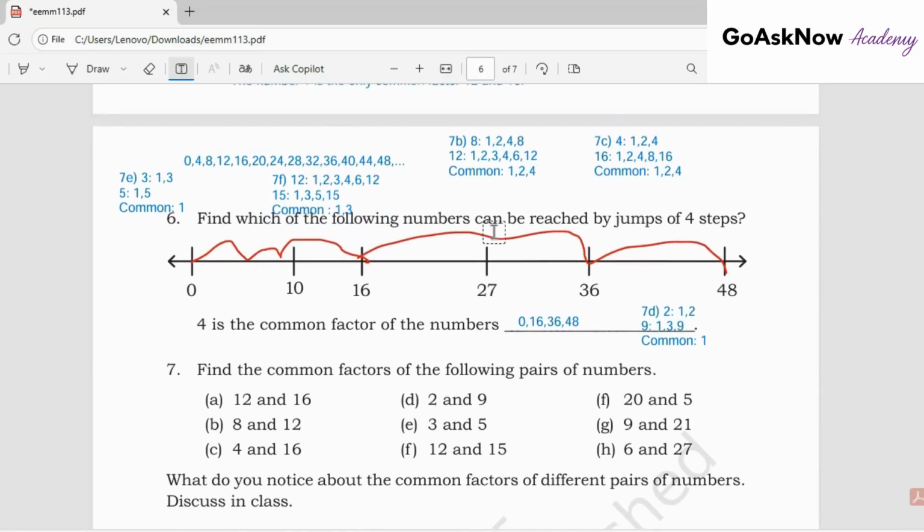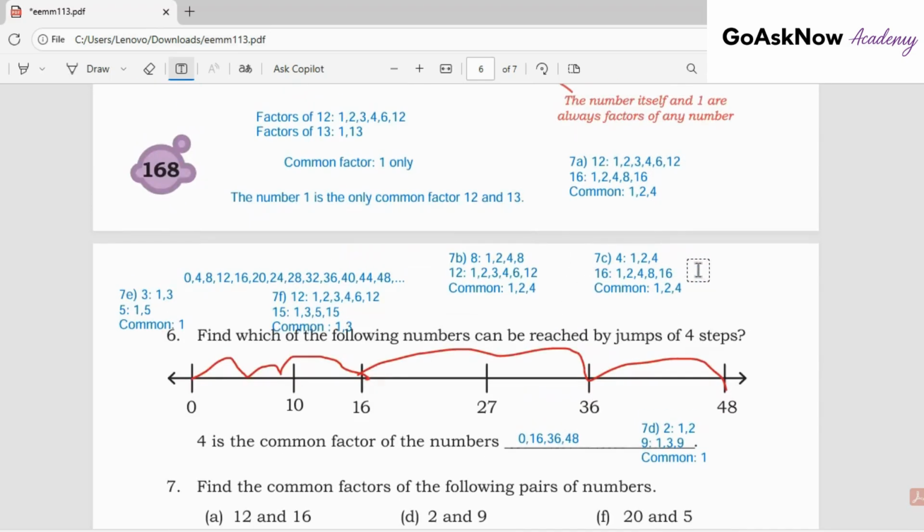Next, 7G, the numbers are 20 and 5. The factors of 20 are 1, 2, 4, 5, 10, 20.